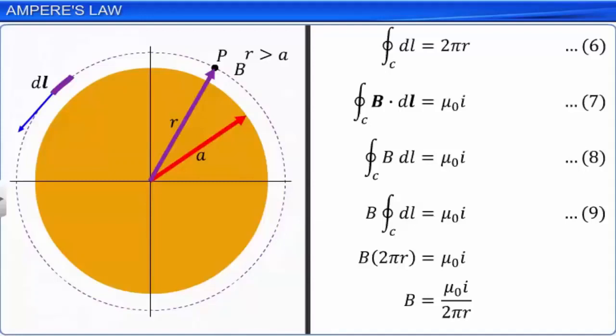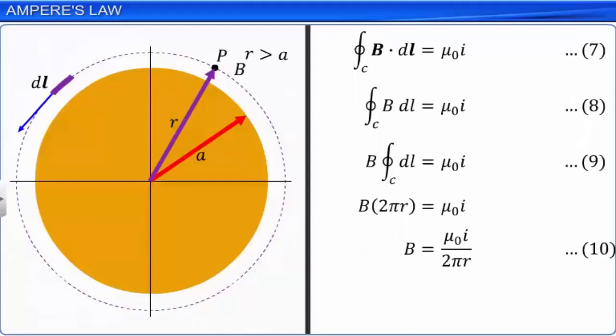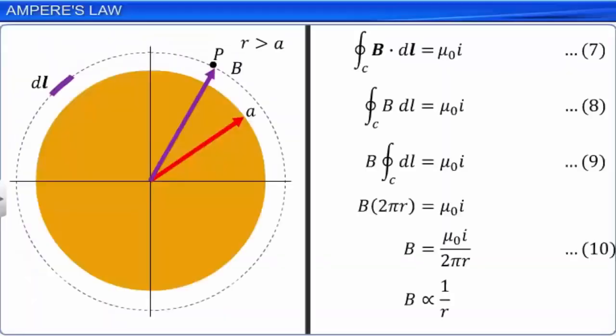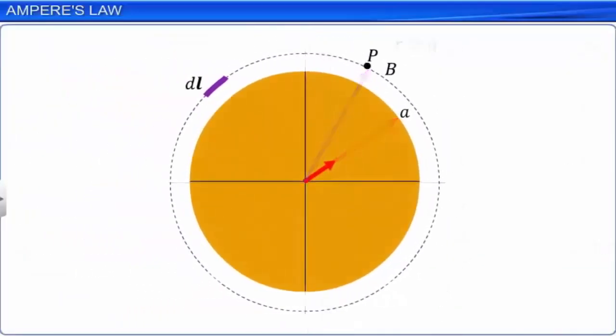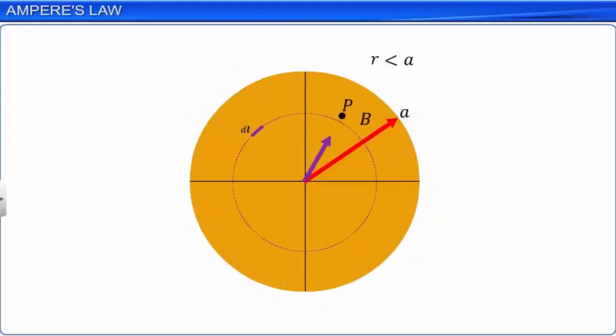When the current passing through the conductor is constant, B is inversely proportional to R. Now, let us consider another case, in which the point P is inside the conductor at a distance r from the center of the cross-section of the wire.